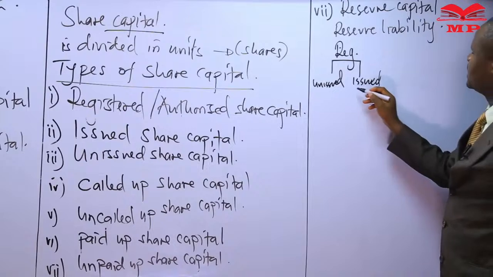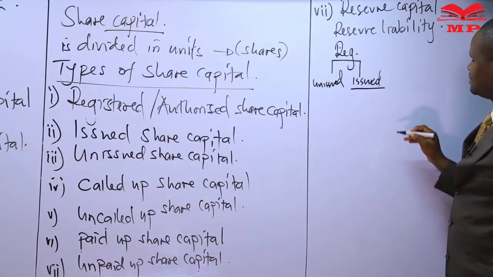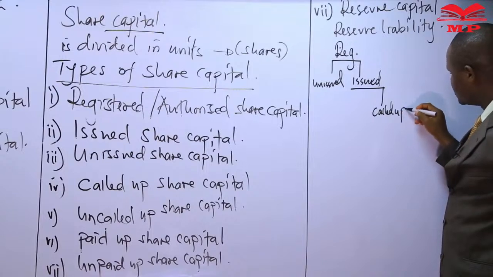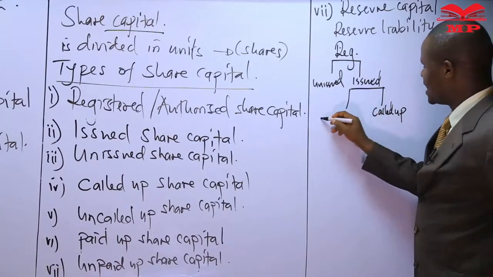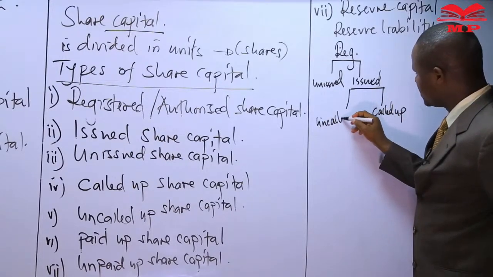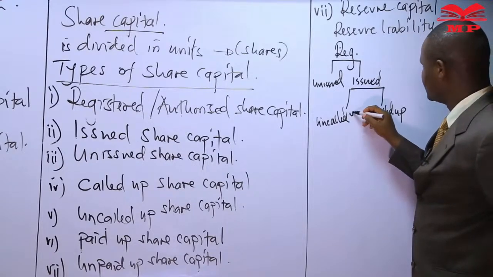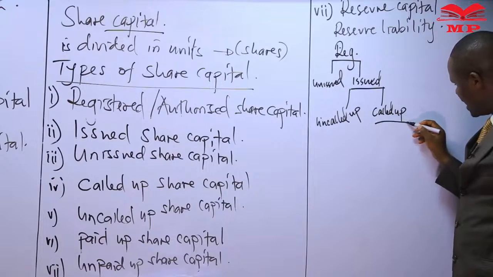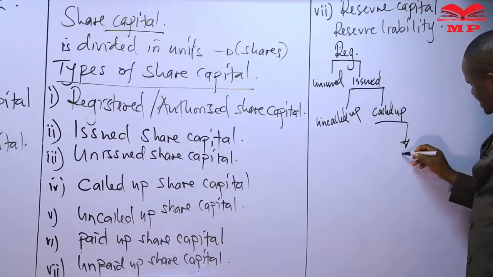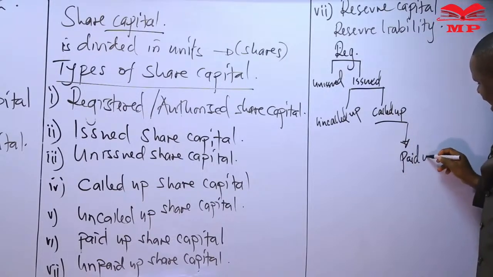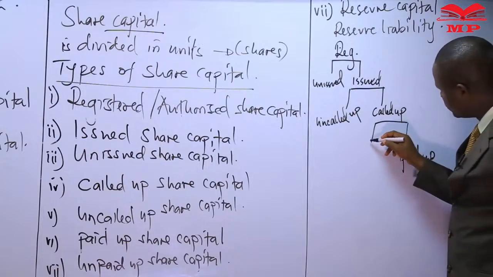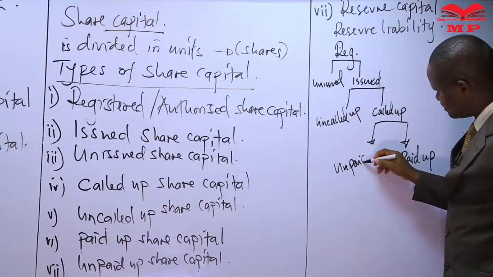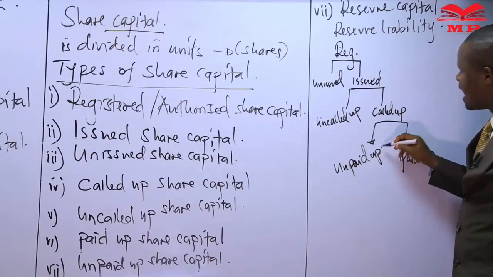Then in respect of this issued share capital, we may have the called up share capital, then we have the uncalled up capital of the company. Then in respect of this called up, we have what we are describing as the paid up capital. Then we also have that part that may be unpaid up.